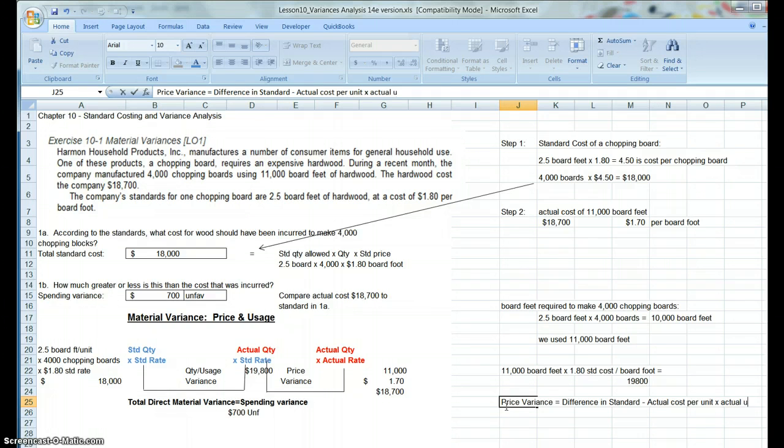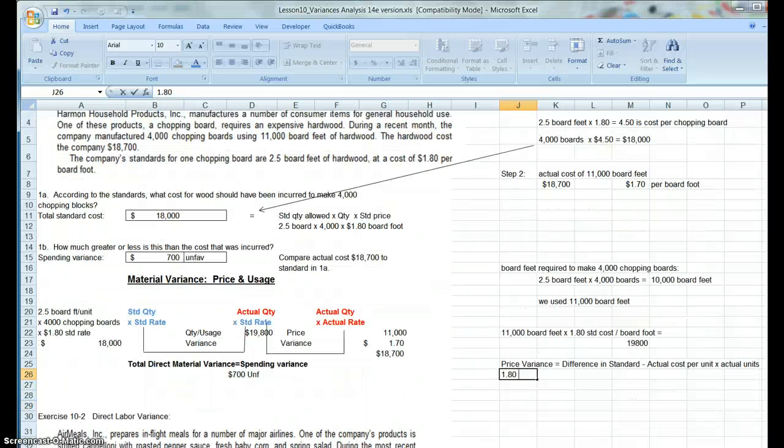Sorry about the spelling. All right, so let's look at that. $1.80 per standard. The actual, $1.70. Put parentheses around that. 10 cents a unit. Think about it. This should be favorable. $0.10 favorable variance. We paid less.